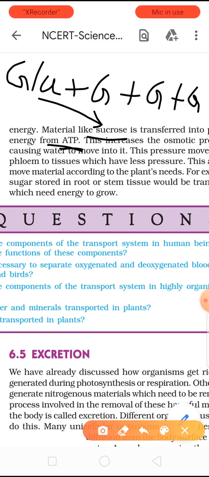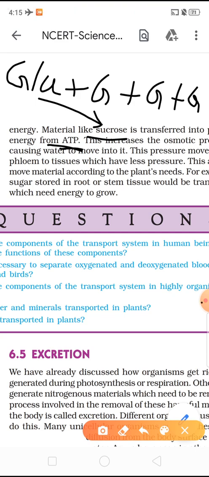Sucrose is a complex compound, and the glucose which is not used by the plants is stored in the form of sucrose. This we have done. So just remember: sucrose is the stored carbohydrate in plants. All the extra glucose is stored in the form of sucrose.